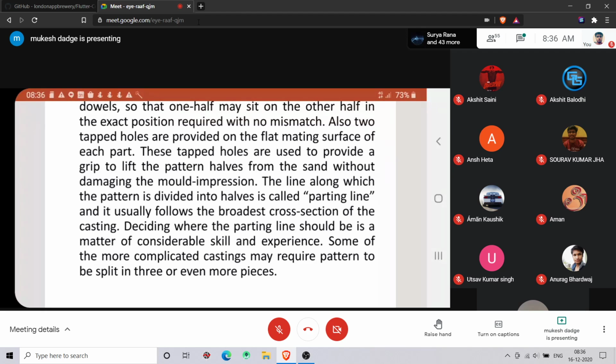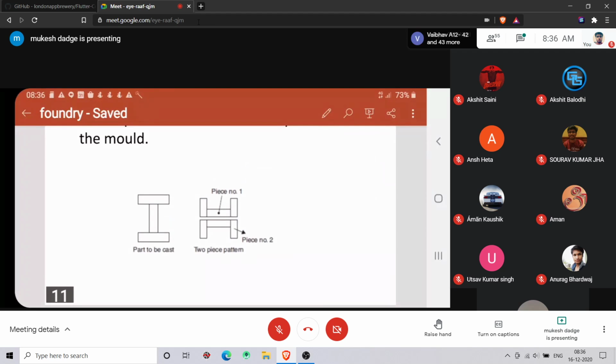And again, it depends on your skills and experience where you have to take the parting line. You can take it as a half section upper and half section lower, right?